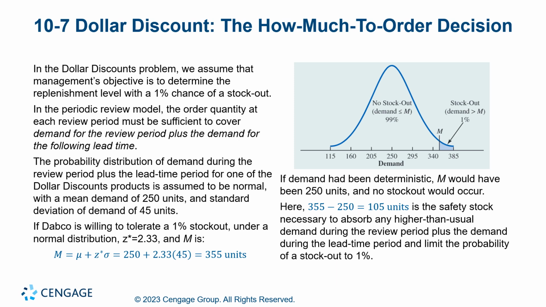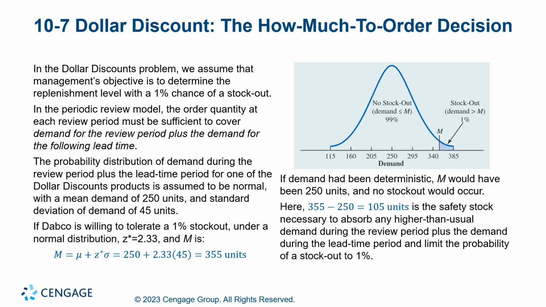To determine this order quantity, we must know that the quantity ordered at time t must last until the next time inventory is replenished, which will be time t plus the review period plus the lead time. Therefore, the total length of time that the order quantity at time t must last is equal to the review period plus the lead time.